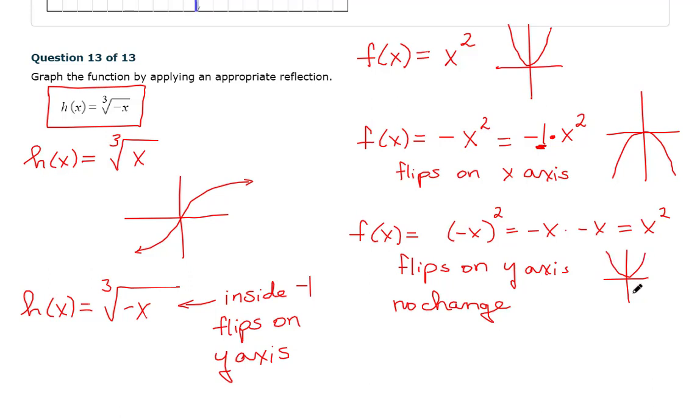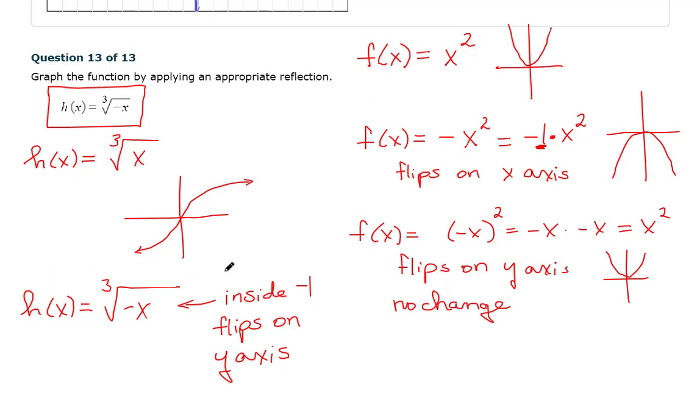It's symmetrical or the same on both sides. And you see that because minus x squared is minus x times minus x, which is an x squared. So here is our cube root of x. If I put a minus on the inside, it's going to flip it on the y-axis.